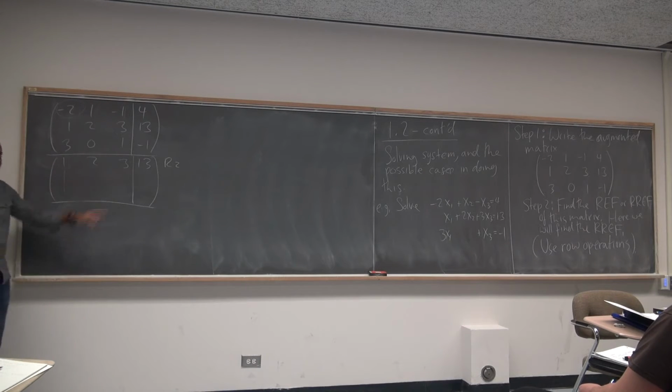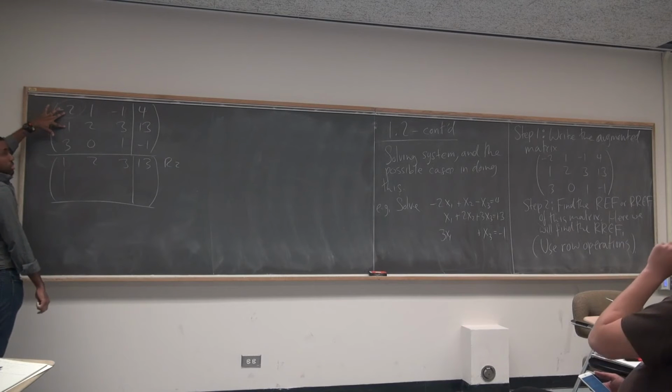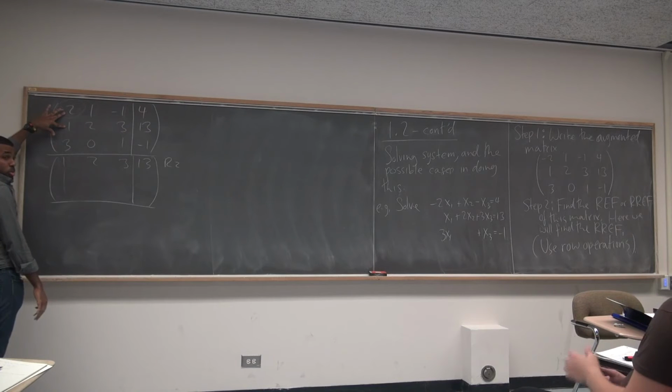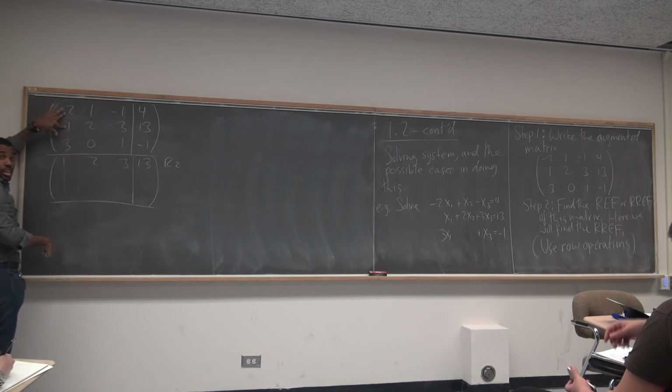So once I put that 1 here, I'm not just going to copy rows. I'm going to start killing things in this column below that leading 1. Right? So how am I going to do that? Well, do another row operation right away. So in one step, I'm doing several row operations. What I can do is multiply this by 2 and add it to that.